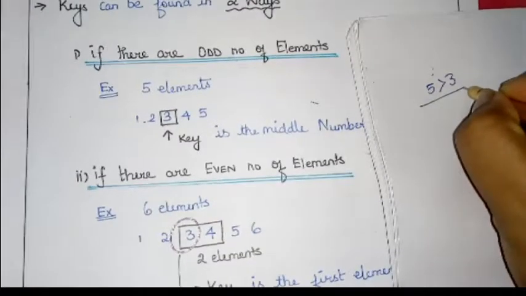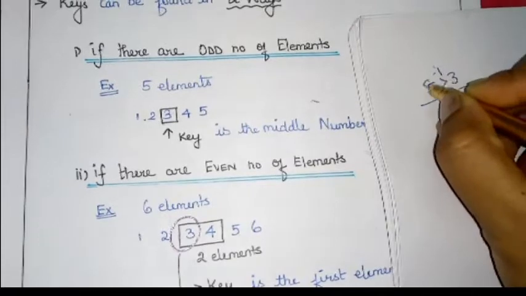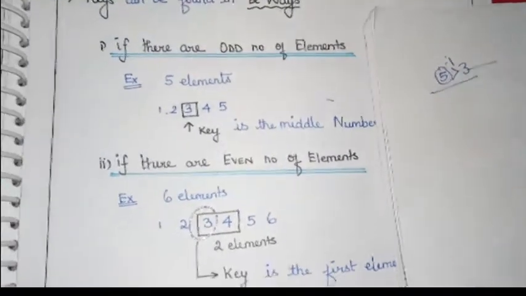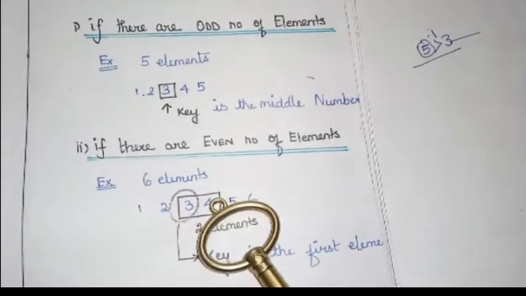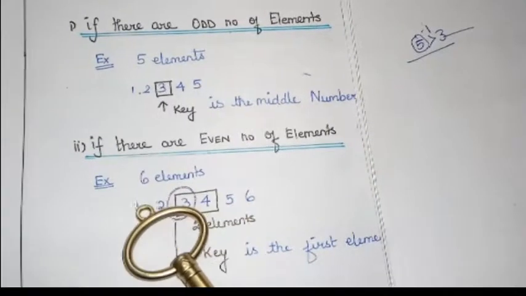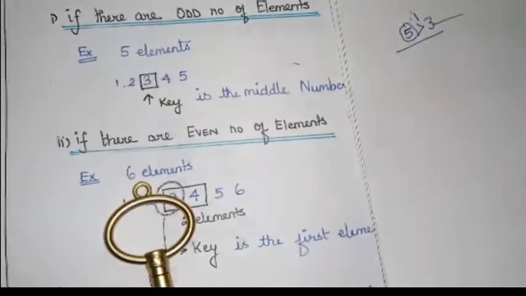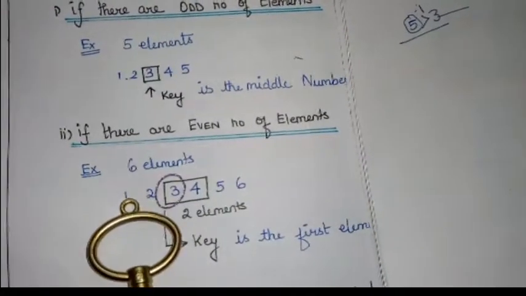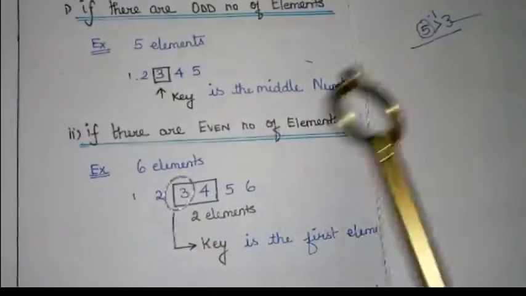If this is the case, I am 100% sure this element will not be present before 3. So I can just cut it off: 1 2 3, I can just cut these 3 elements. Now I can blindly do the searching after 3. These 3 elements will be removed from the list.